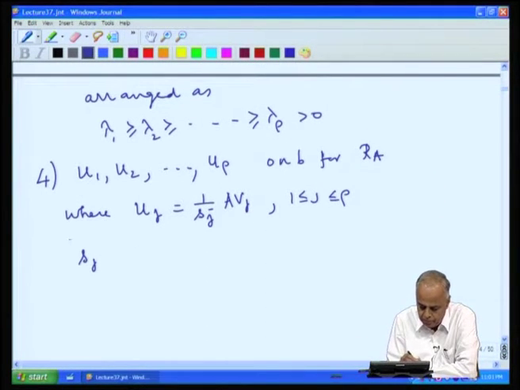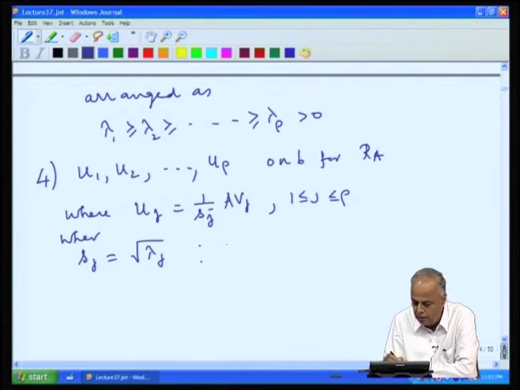Here s j is the square root of lambda j, and these are called the singular values of A.